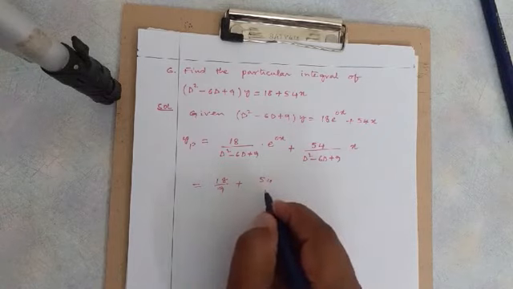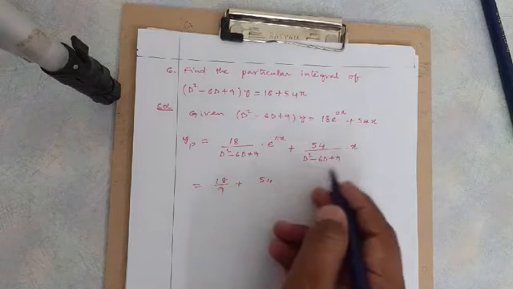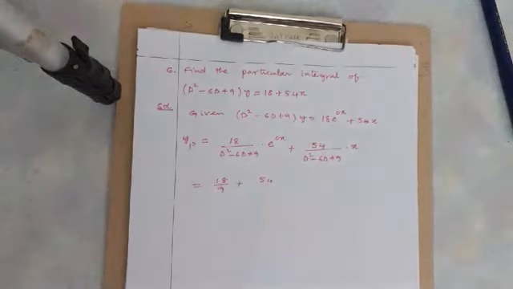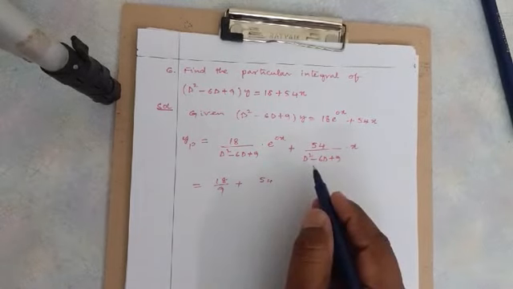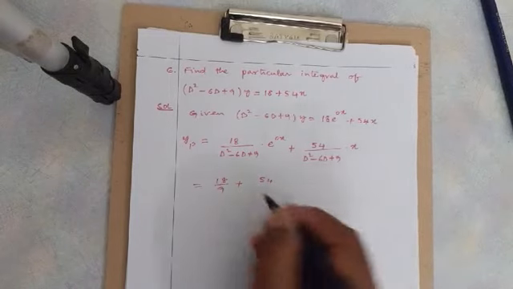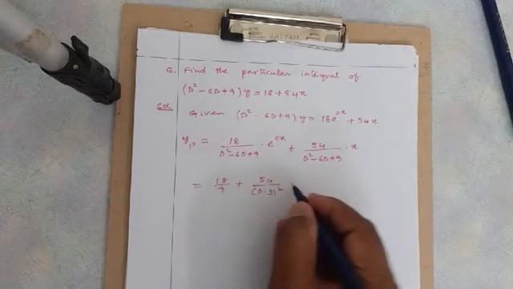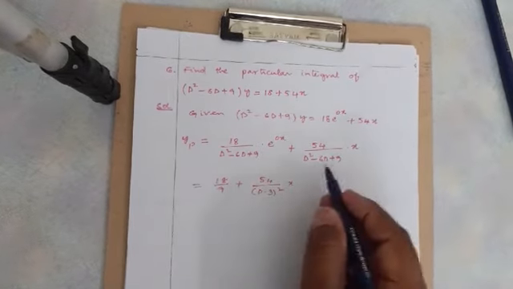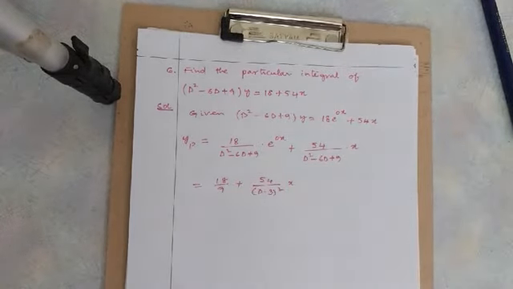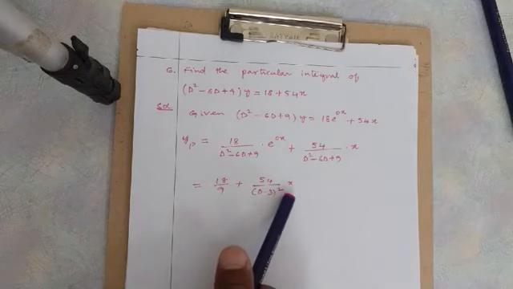In case 3, whatever you have in the denominator, we take common with the least number. Here we have d square minus 6d plus 9, which we can write as d minus 3 whole square. When you expand, you get the same, a minus b whole square, a square plus b square minus 2ab. So I am writing d minus 3 whole square, into x first.